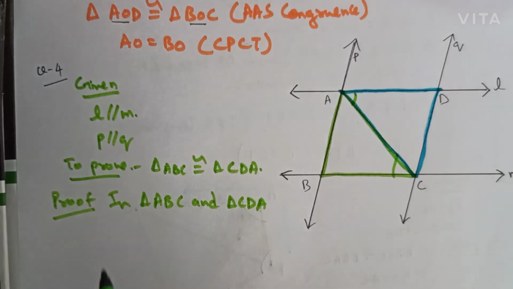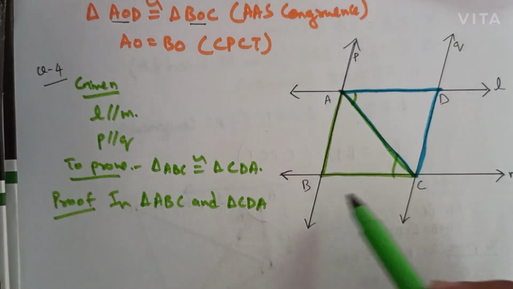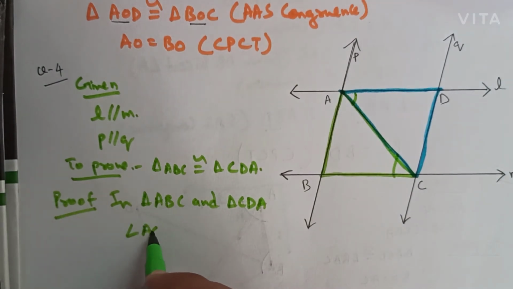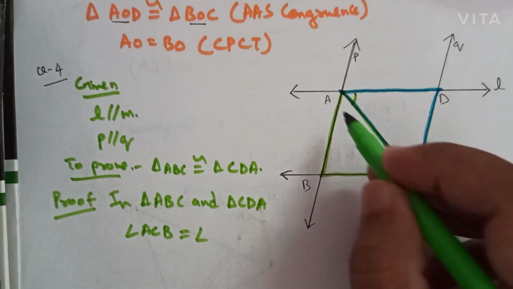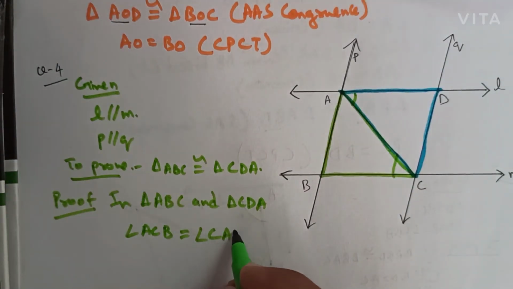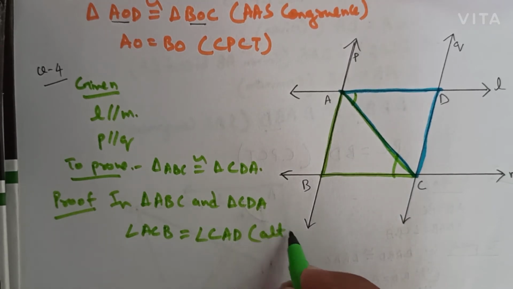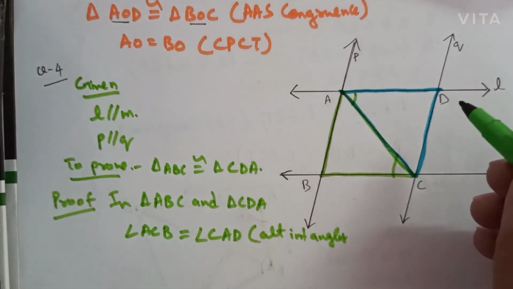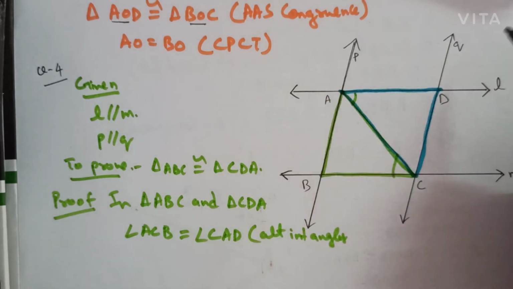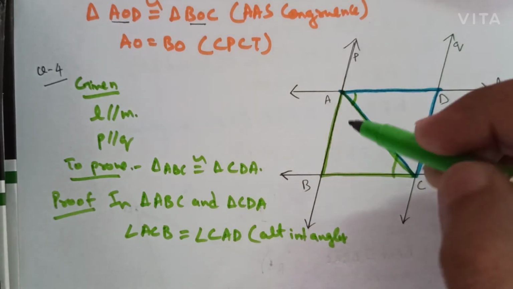So we can write, in triangle ABC, angle ACB is equal to angle CAD, alternate interior angles.